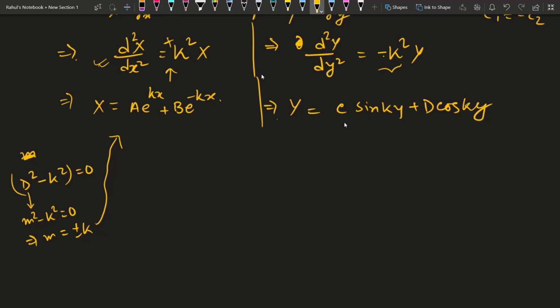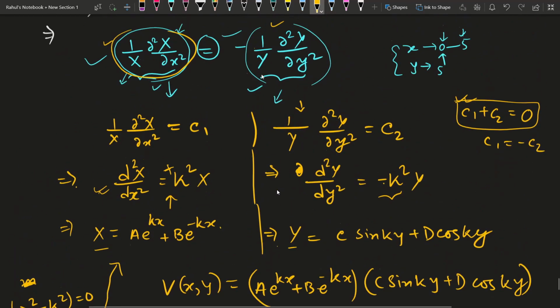Okay, now what is the total solution v of xy, which was just the product of x and y? The solution will be a e to the power kx plus b e to the power minus kx, multiplied by c sin ky plus d cos ky.